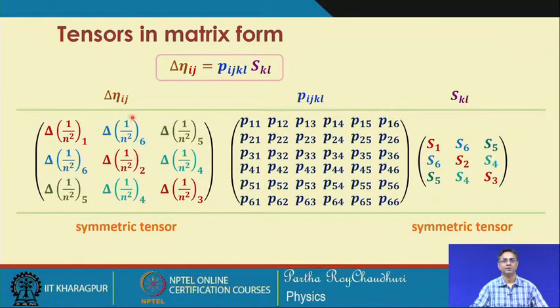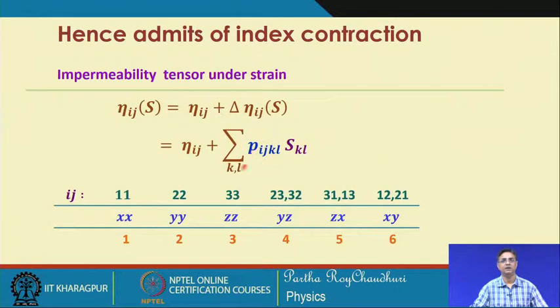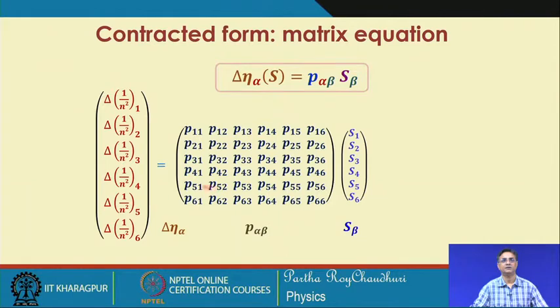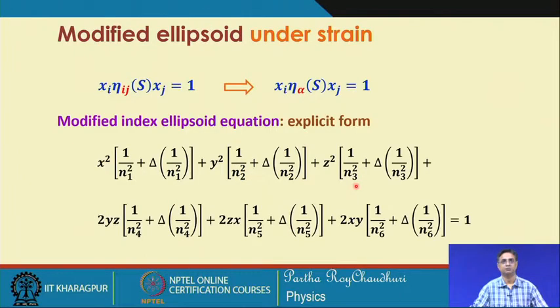So, if I represent it as 1 by 6 and this is 6 by 1, then it is conformable and we can calculate the individual changes. This one you see is under index contraction, this is also under index contraction and this is also represented under index contraction. So, we have this equation in the contracted form with matrix notation.